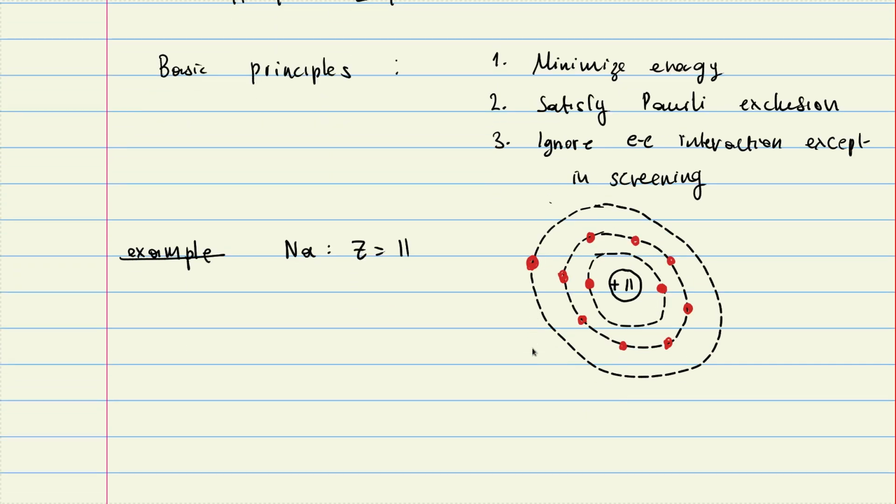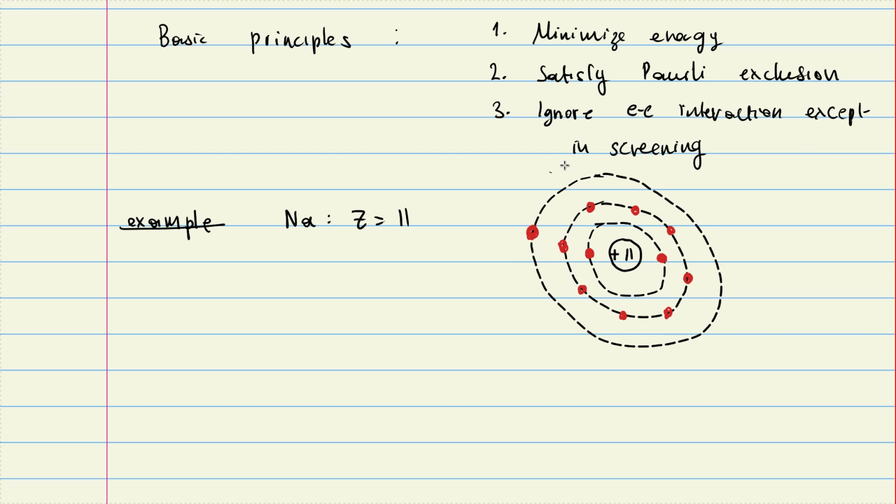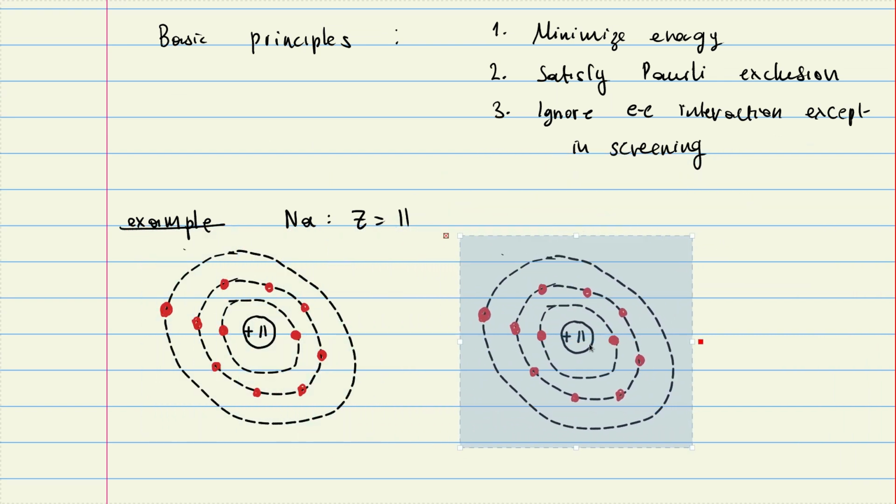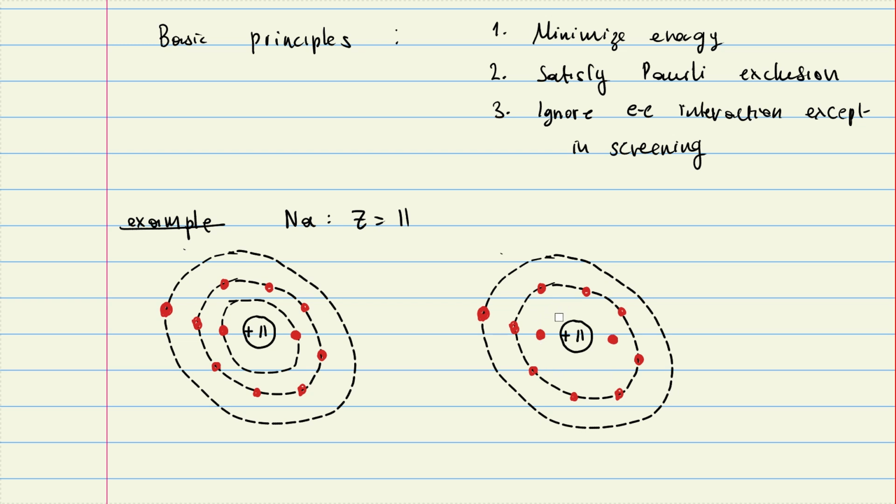But for the 3s electron, this entire system is identical. If you erase all the core and all these complicated configurations and just put inside a plus 1 charge and put the electron in the 3s, this is exactly the same thing. So this is what we call the central charge.